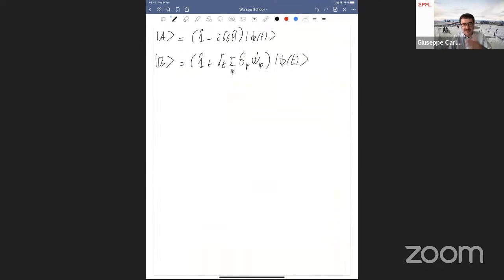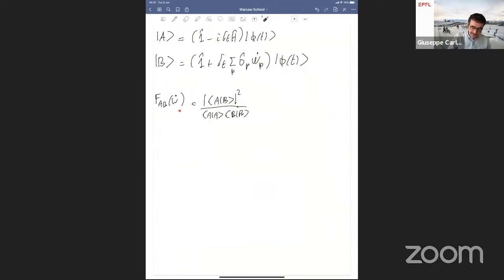Okay, so I have two states A and B. Matching them means that I want to maximize the fidelity between the states A and B. And you see that this fidelity that I write just as the overlap between A and B squared divided by the normalization of A and B, will depend parametrically on the only parameters that I've left here, which are not the W themselves, but the time derivatives of the W's.